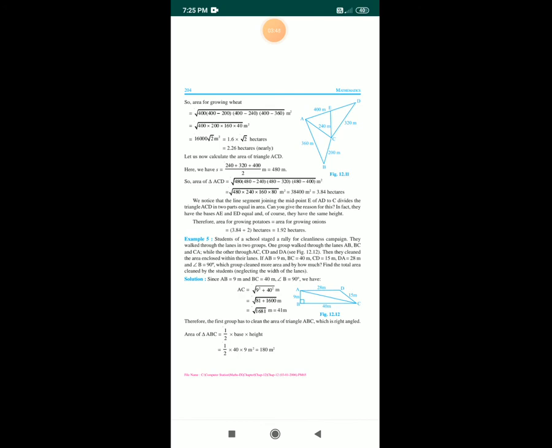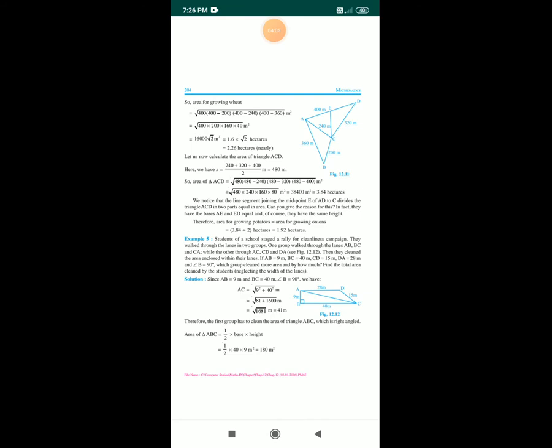So we get the next step, the square root of 480 multiplied by 240 multiplied by 160 multiplied by 80 meter square. So finally we get 38,400 meter square. That means 3.84 hectares.